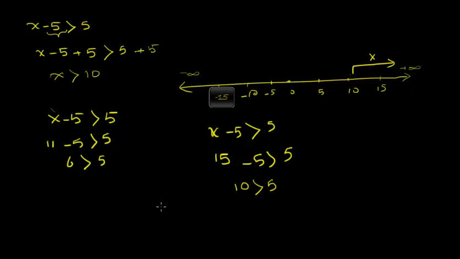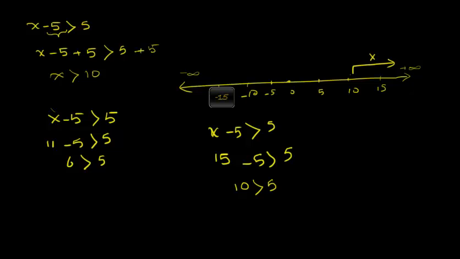So we can add or subtract any number to both sides of an inequality and the statement remains true. But sometimes the operation we do changes the direction of the inequality, and in that case we need to swap the sign in order to have the statement true.